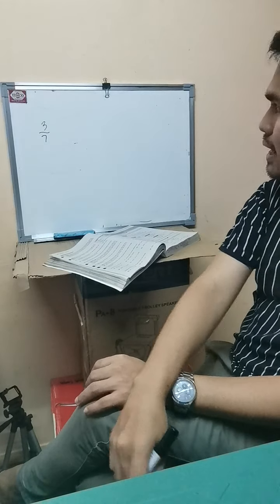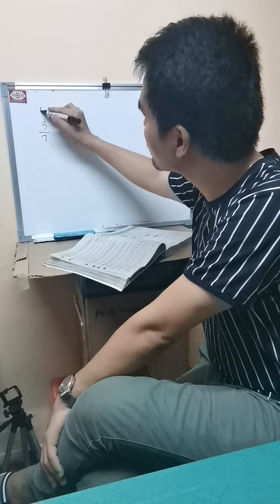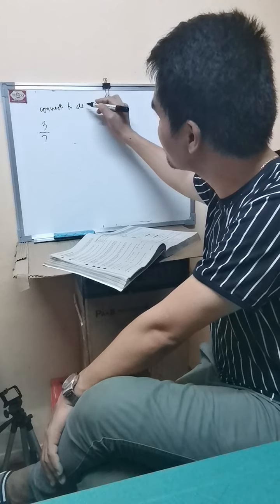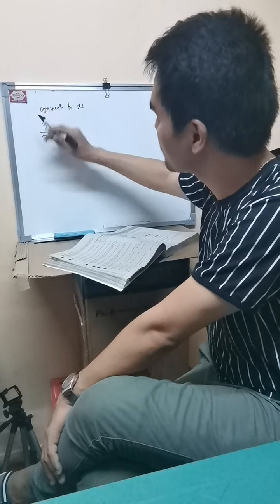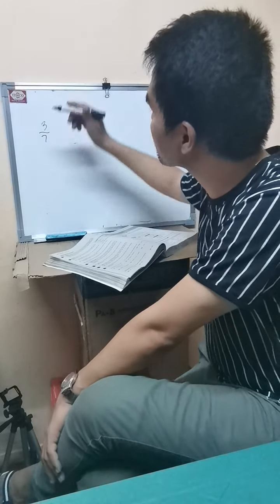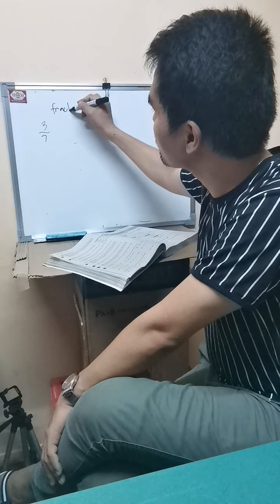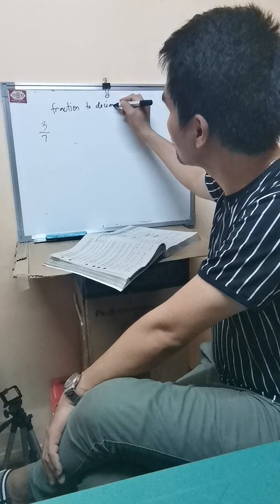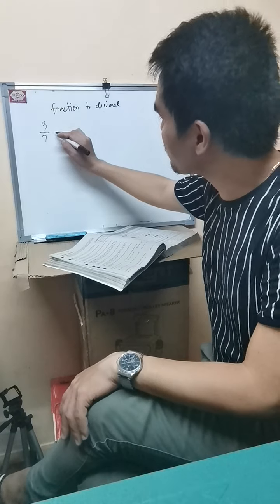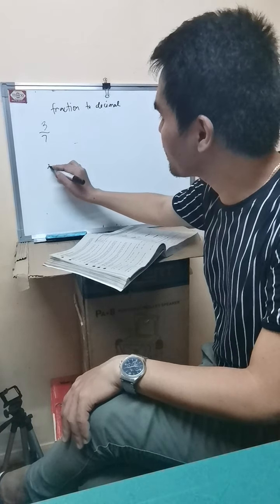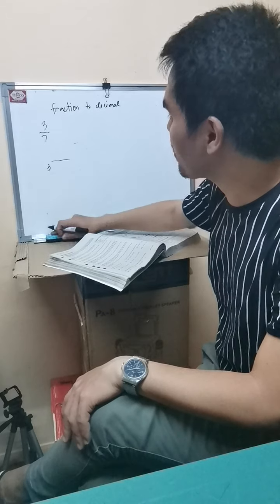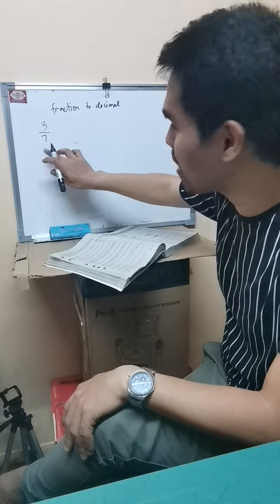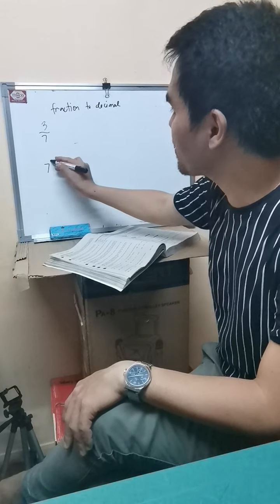So basically, to convert fraction to decimal, what we're going to do here, we divide 3 divided by 7. 3 here is the dividend and 7 is the divisor.